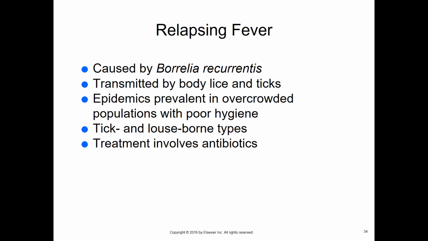This relapsing fever is characterized by recurrent febrile episodes that occur in a period of 2 to 14 days, and the febrile periods themselves last between 2 and 9 days, with alternate afebrile periods of 2 to 4 days. Treatment of the disease includes antibiotics like tetracycline, doxycycline, or penicillin.